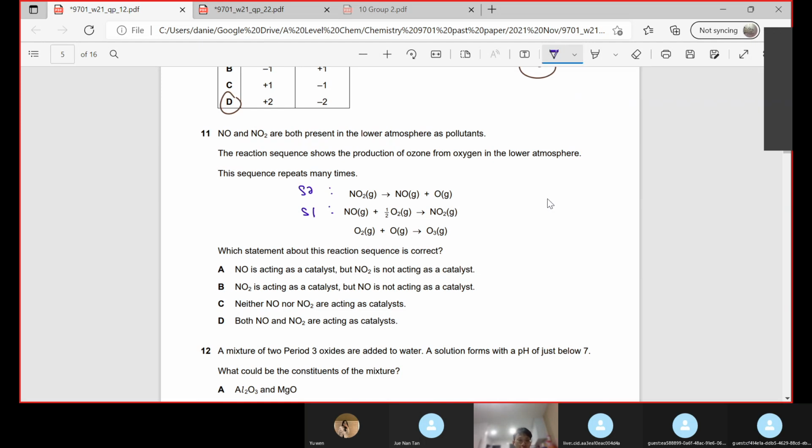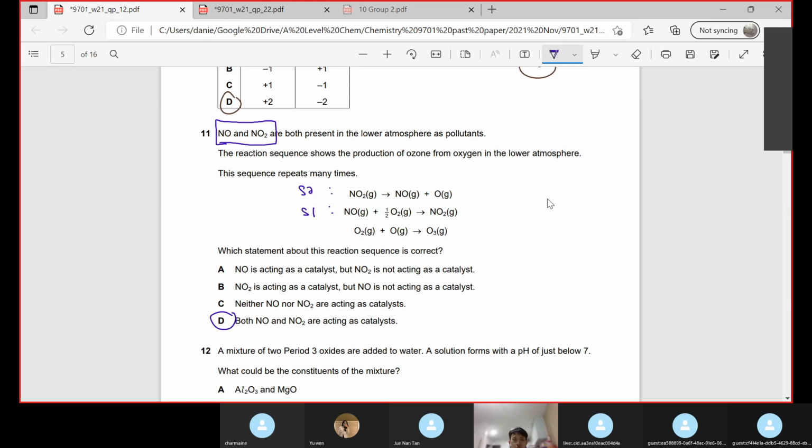If you look at the question, NO and NO2 are both present in the atmosphere. Meaning none of them are intermediates in this question. They are reactants, and at the same time both of them act as the catalyst.